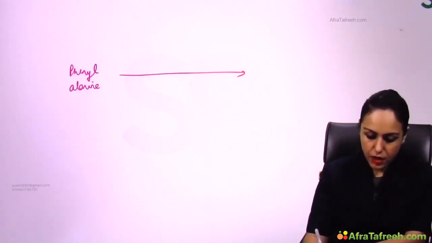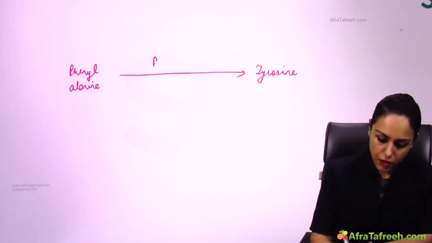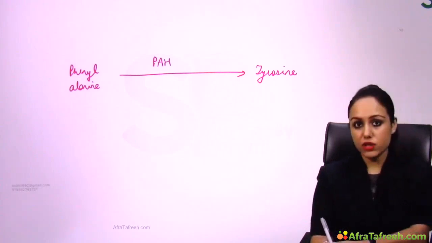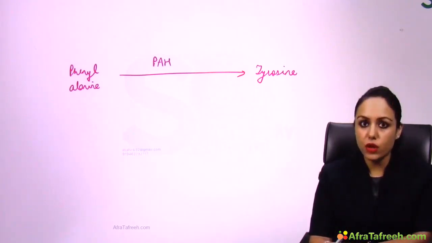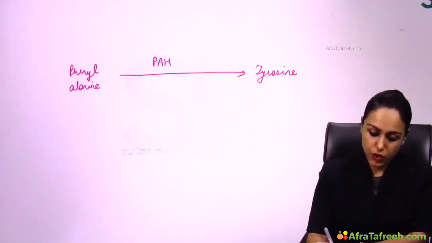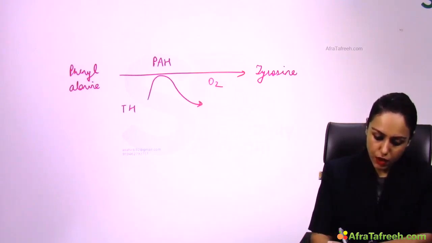From diet we are taking phenylalanine. It gets converted to tyrosine. Here the enzyme is phenylalanine hydroxylase, in short PAH. This reaction requires oxygen, and here tetrahydrobiopterin is used.